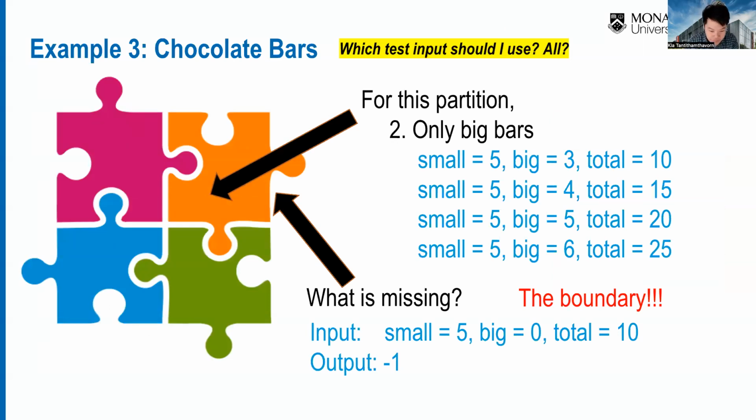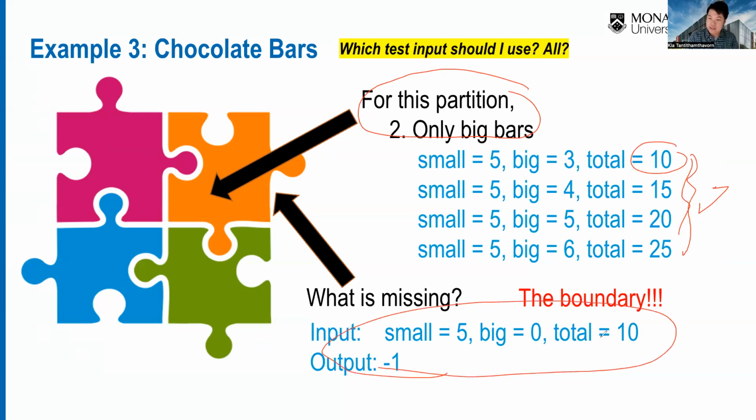Going back to this one, when we talk about only big bars, what is the boundary value? When we test only the big bars, it can be any number, and it's a lot. But what we should do is test at the boundary number, because otherwise there are some cases that we are missing.